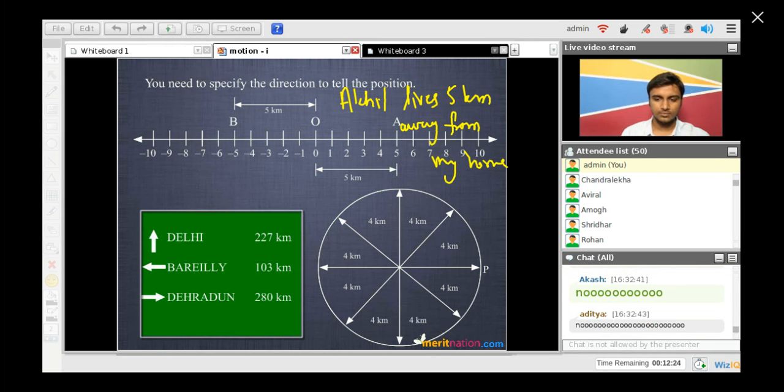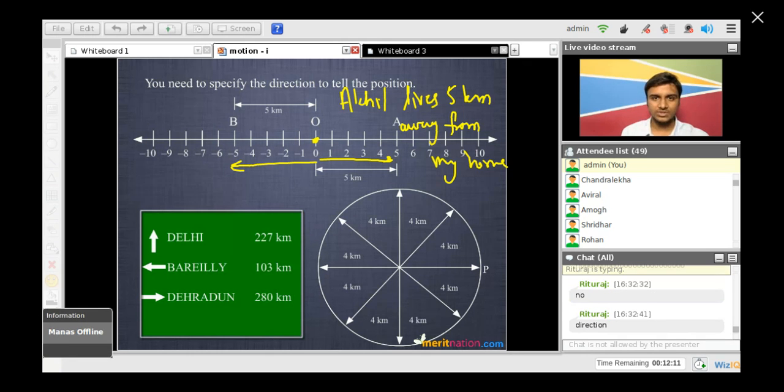So this is my home. So direction is required. Either it will be in this direction or in this direction. Okay, 5 kilometers. If you see from the sky, you can move in a circle.